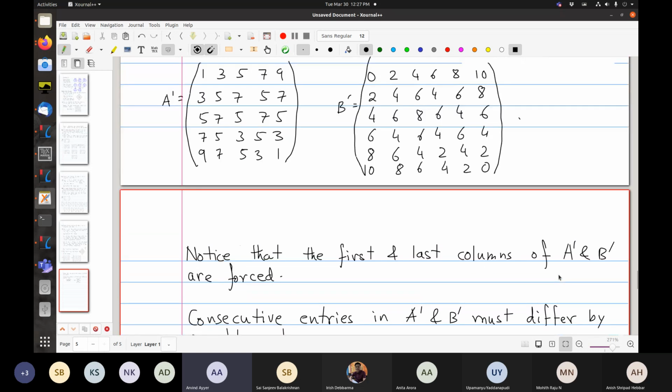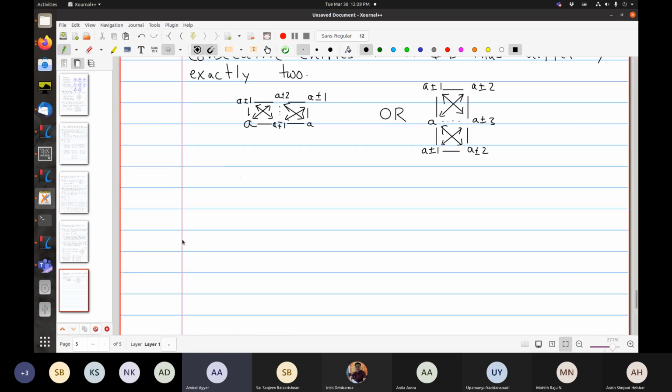And you can see the correspondence with height function. So let A star ij be aij minus 1 by 2 and B star ij be bij by 2.